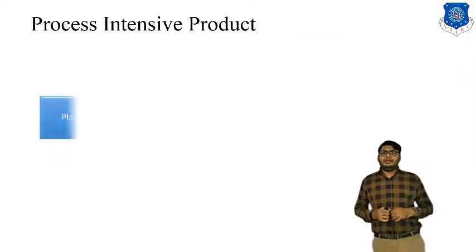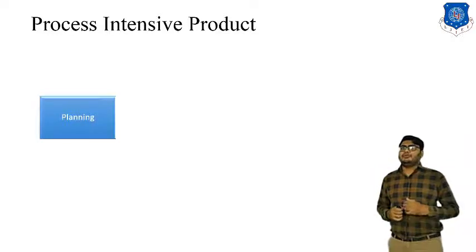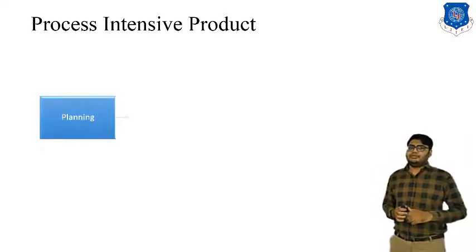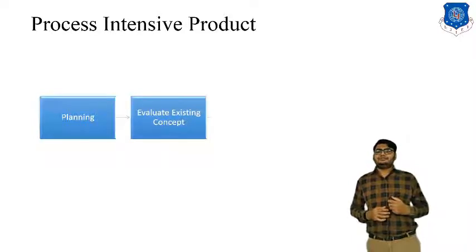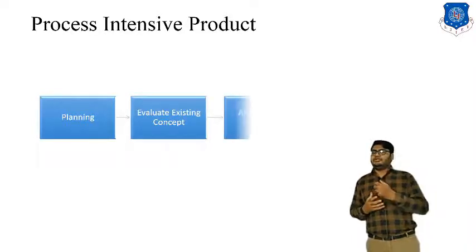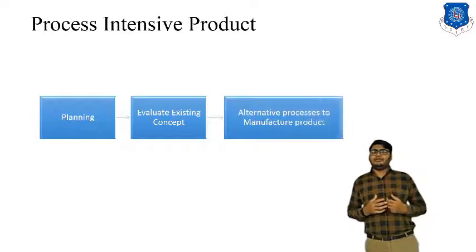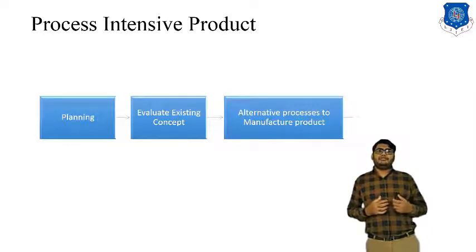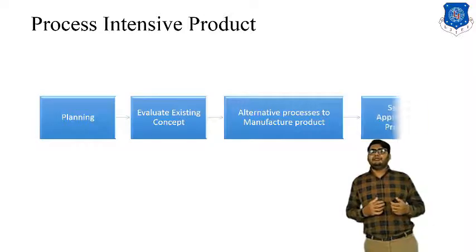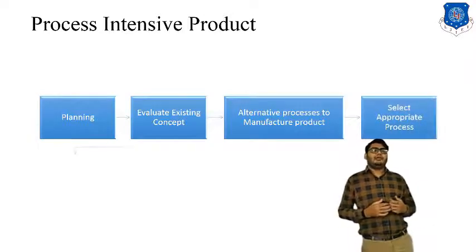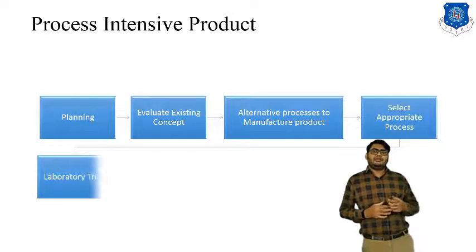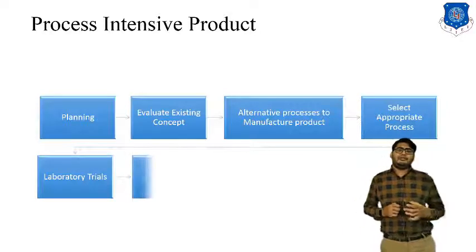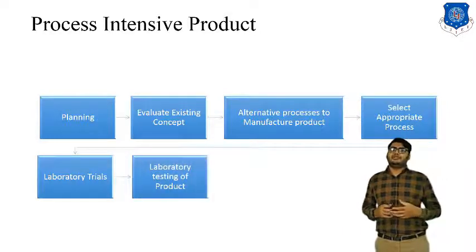After that, if you are thinking about a process intensive product, then what is the process intensive product? Process intensive products are the products which require processes rather than some physical or we can say some mechanical components. So here we are not doing machining on the product, we are doing some processes on the product.